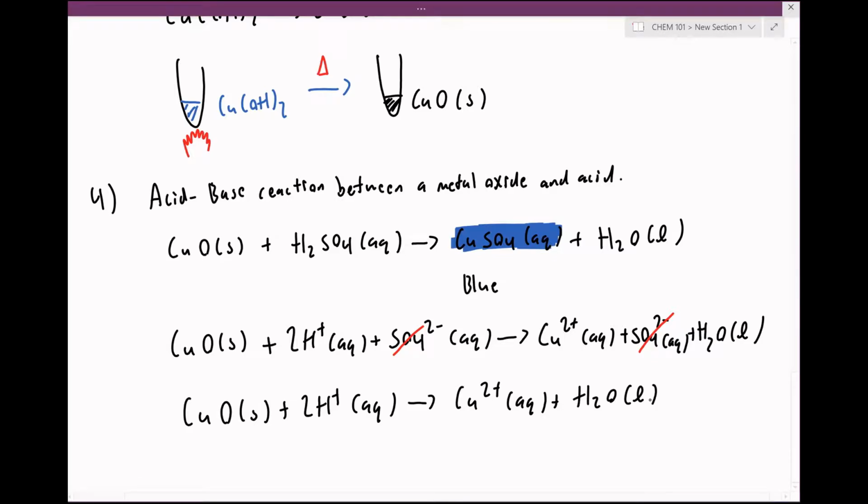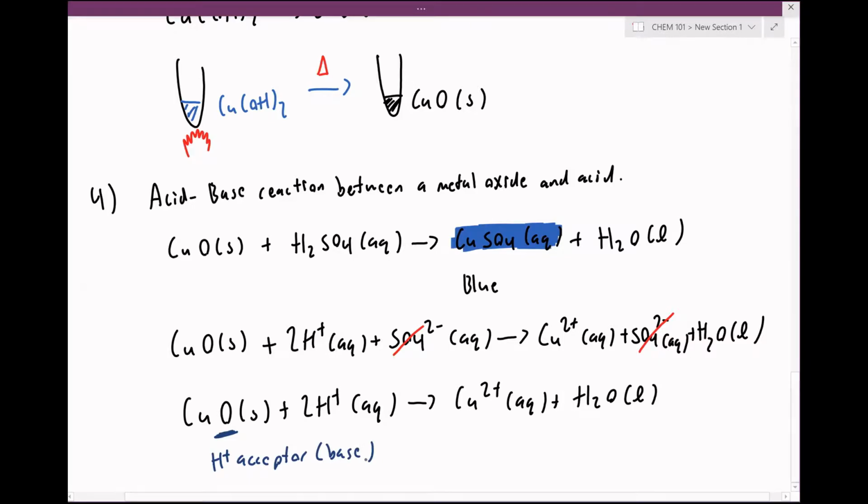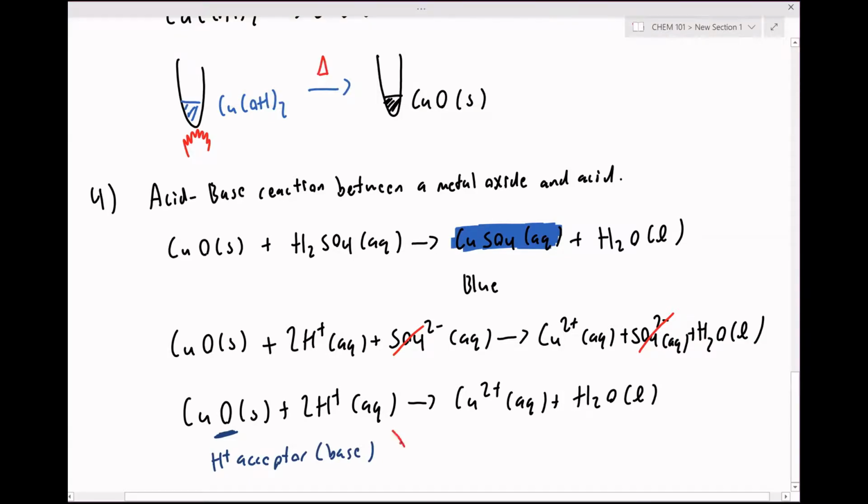The reason why we call this an acid-base reaction is that the oxygen in our copper oxide is serving as an H plus acceptor, which is a classic base. And we clearly have an acid. We have H plus or hydronium floating around in solution. So we are donating protons to our base, ergo acid-base reaction.